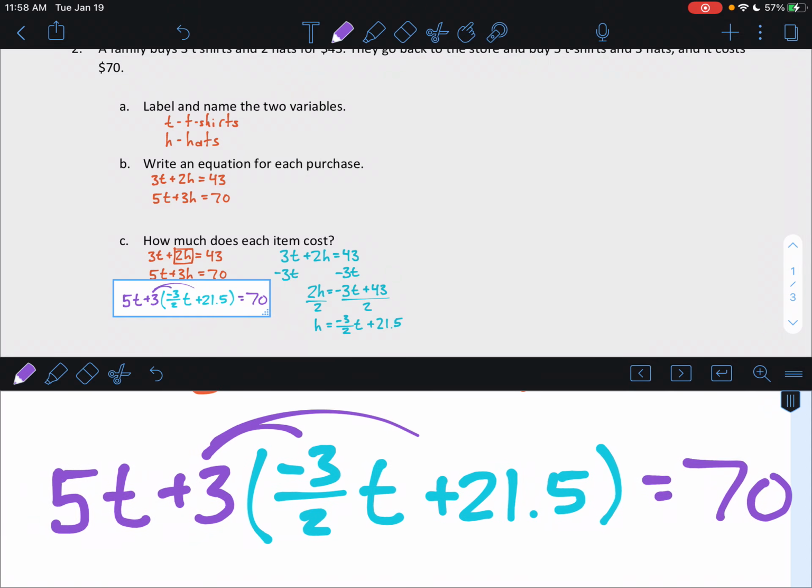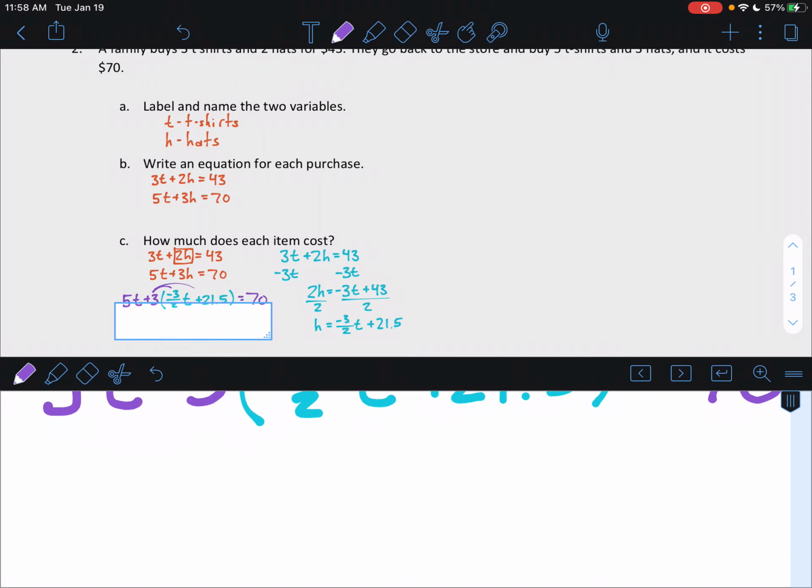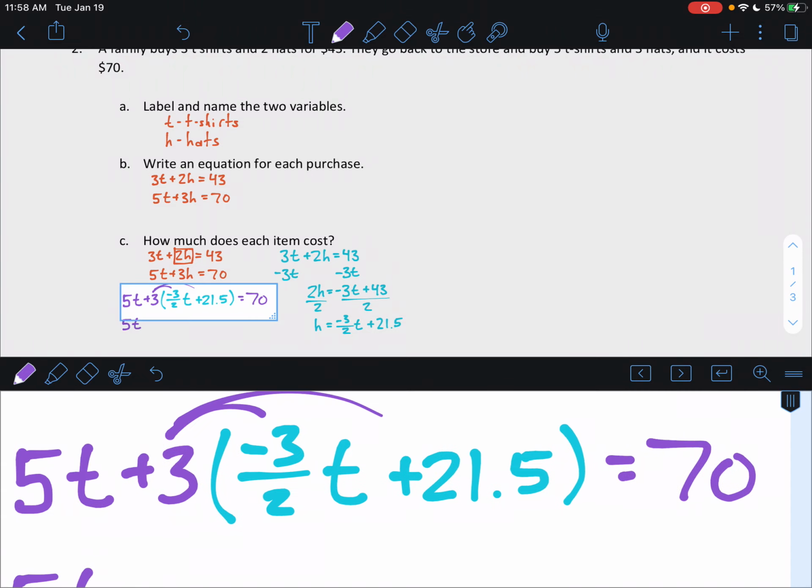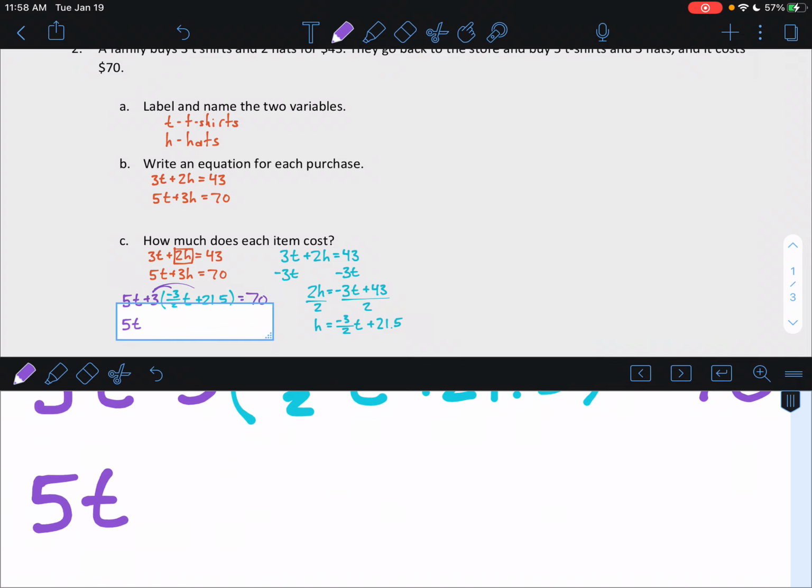I'll distribute that 3. So I have 5t, and then I have 3 times negative 3 halves t. So 3 times, I'm doing that on my calculator right now. Negative 3 halves is the same thing as negative 1.5. And negative 1.5 times 3 is negative 4.5. So 5t minus 4.5t.